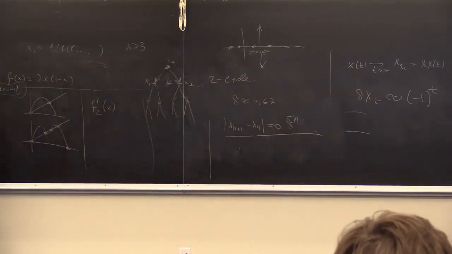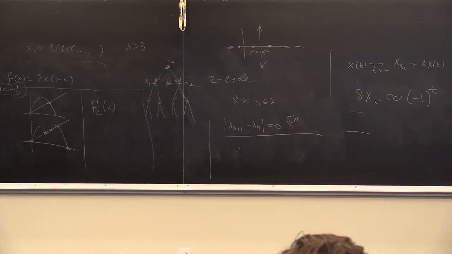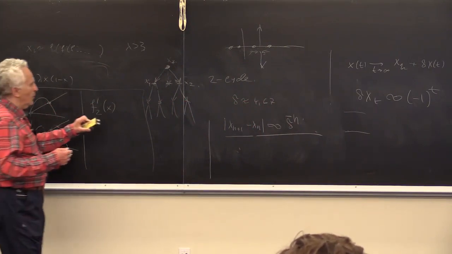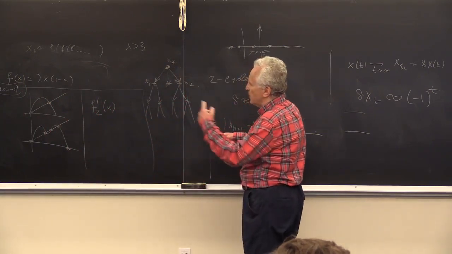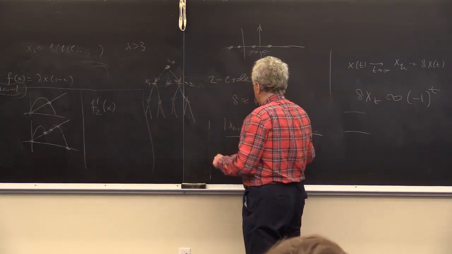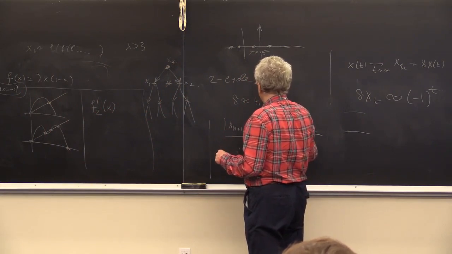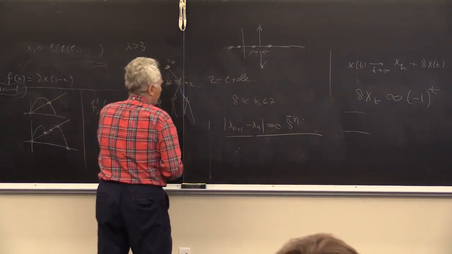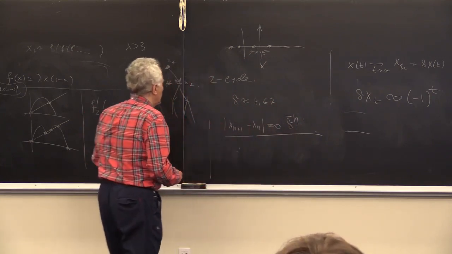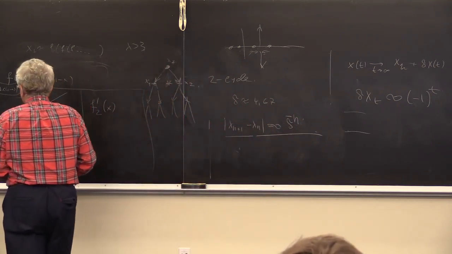Then the first numerical observation, which turned later into the analytic observation, is this scaling law here, that we have exponential convergence.